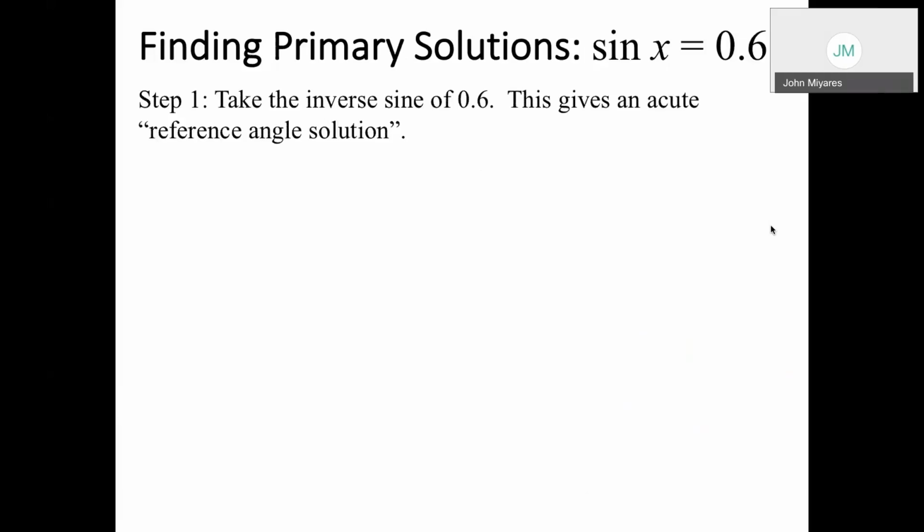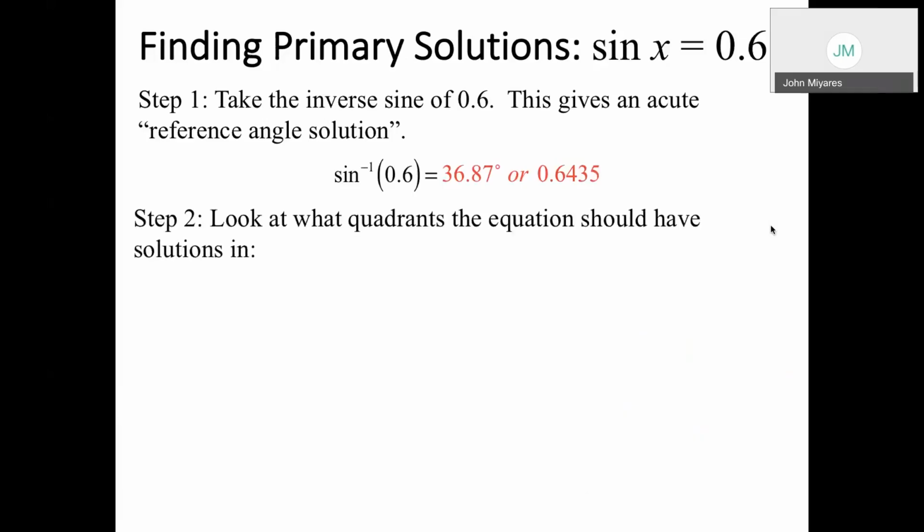When we do that, we'll get the inverse sine of 0.6 is going to be 36.87 degrees or 0.6435 radians. Since we're interested where the sine of x is positive 0.6, possible solutions for that will be in quadrants 1 and 2.